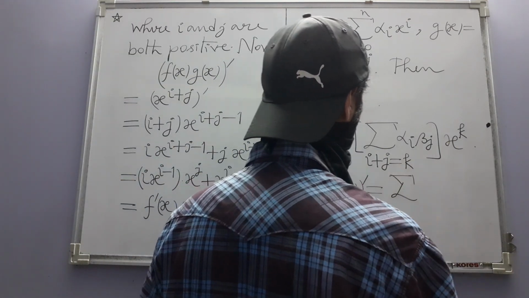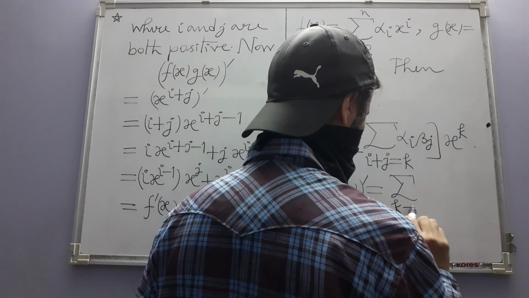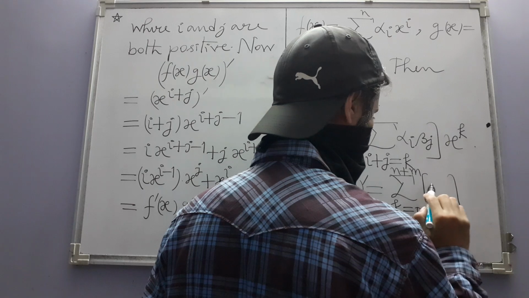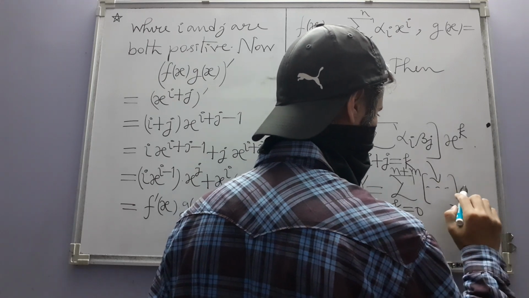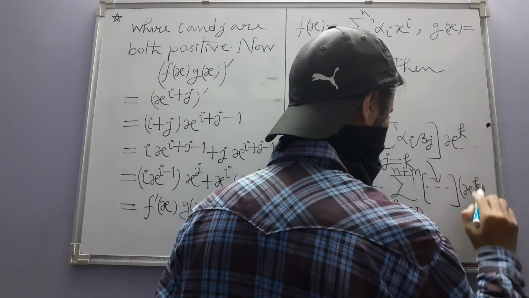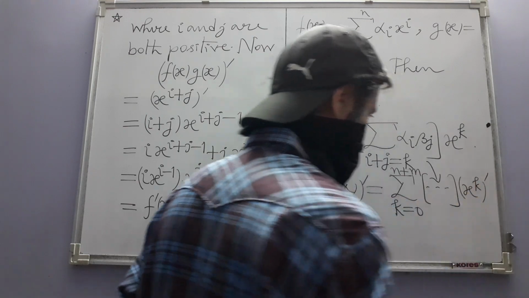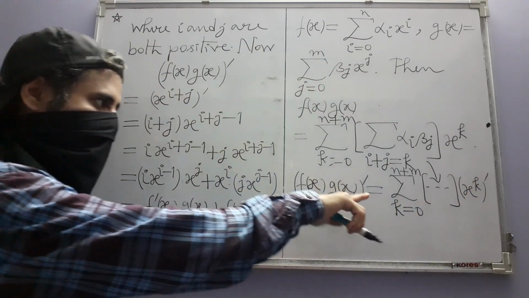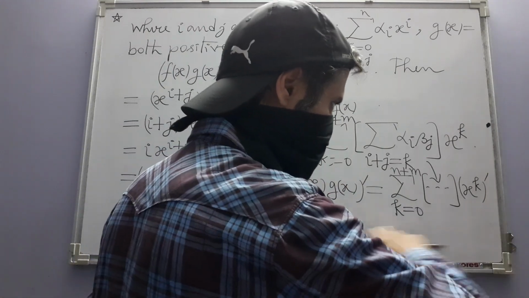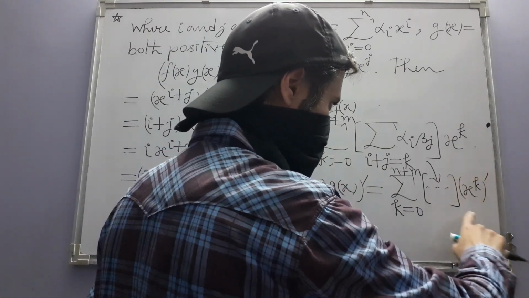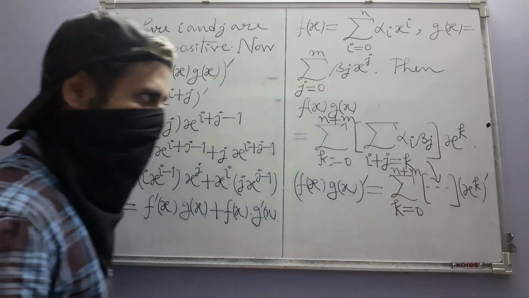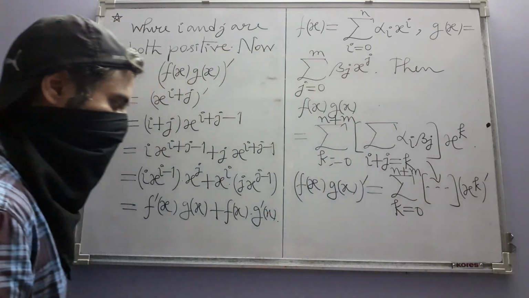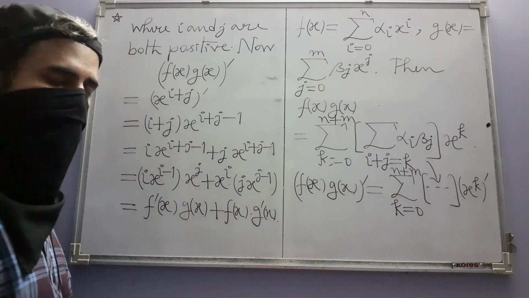And you will get this times whatever you have here, and then you have to write just this. So the derivative of this product turns out to be the polynomial which looks like this, where in place of these indeterminates' powers, you have their derivatives, and there you use this fact.